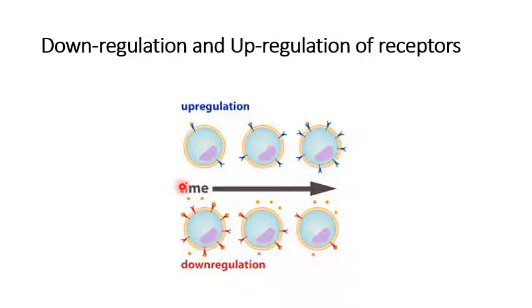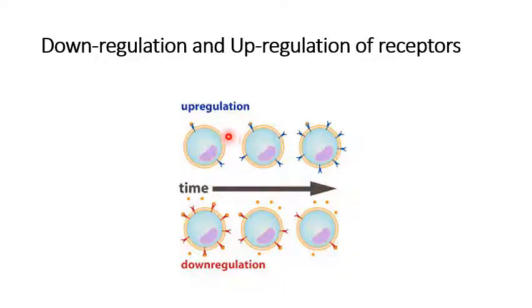On the other hand, if the number of ligands or agonists is widely available in high concentration and most of the receptors are occupied by the agonist, then the cell will try to decrease this pharmacological effect by decreasing the number of receptors available on the cell membrane, and therefore this process will be called down regulation.